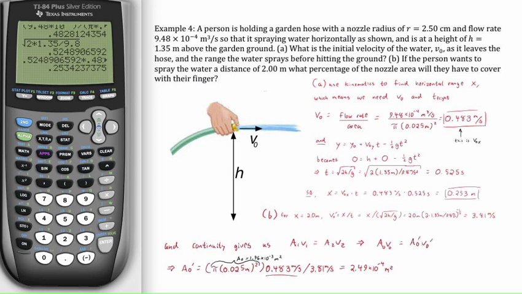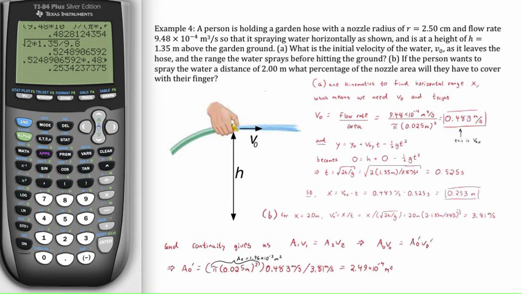There was the velocity that resulted in that area with our fixed flow rate, which hasn't changed. There's been no change in the flow rate in either part A or B. Now we're dividing by our new faster velocity, which means we have to have a new smaller cross-sectional area. It's almost 10 times smaller, because instead of 1.96 times 10 to the negative 3, it's 2.49 times 10 to the negative 4 square meters.